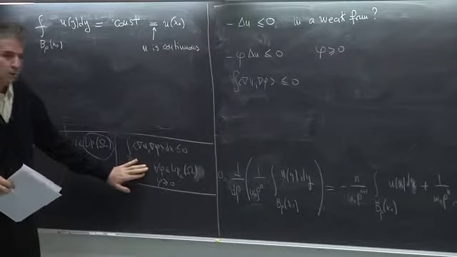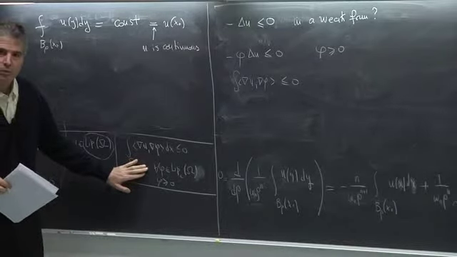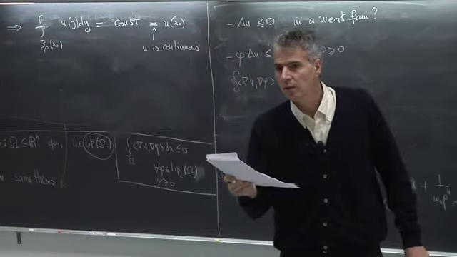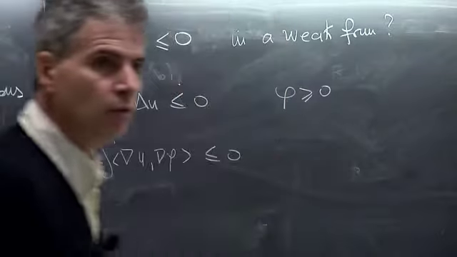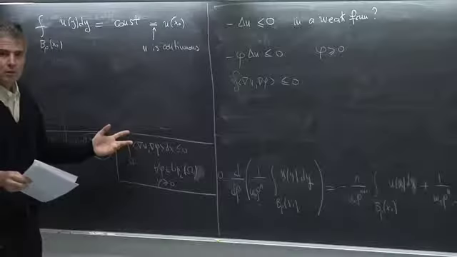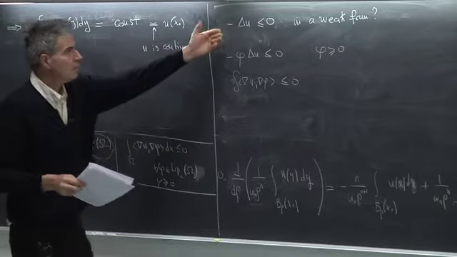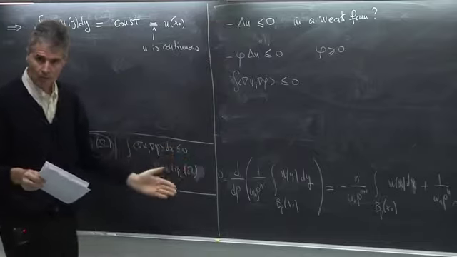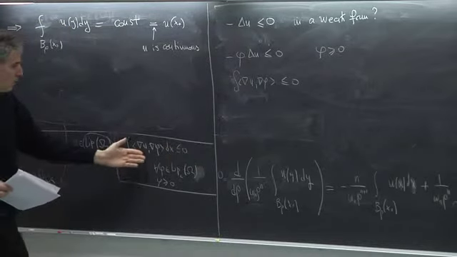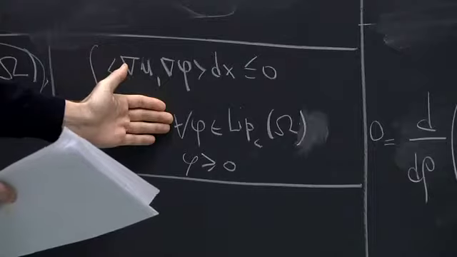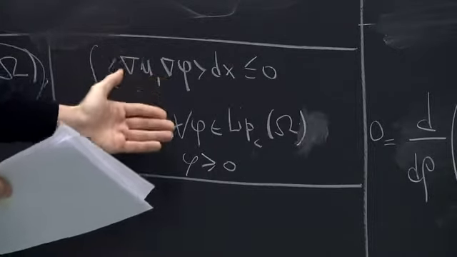Do you agree? Yes, okay. Therefore, this is the natural weak form of writing this inequality without ever writing two derivatives of u. And so the homework exercise is: this now is the assumption, which is the thesis?